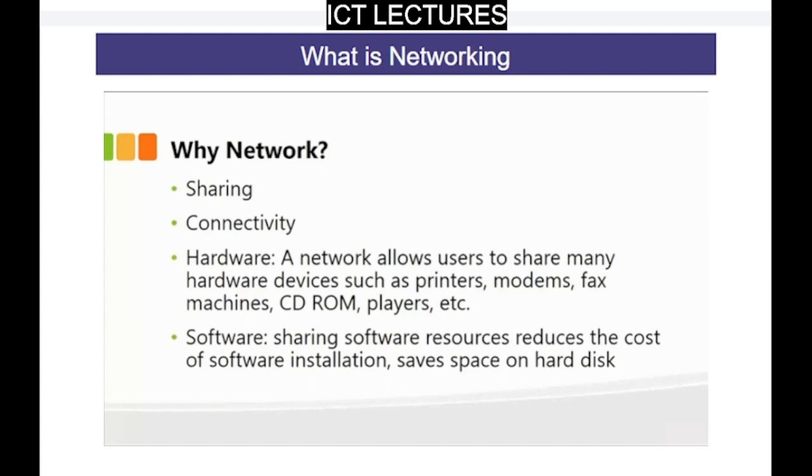As far as the hardware is concerned, a network allows users to share many physical devices, that is printers, modems, fax machines, CD-ROM players, and so on. As far as the software is concerned, sharing software resources simply reduces the cost of software installation and also saves space on your hard disk. So, several benefits of why we do networking.